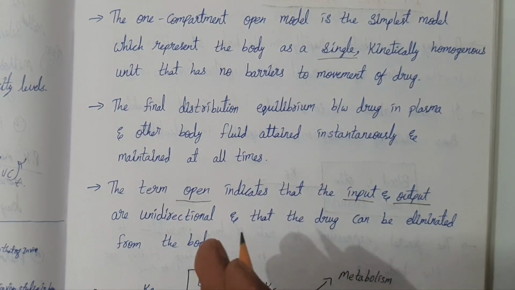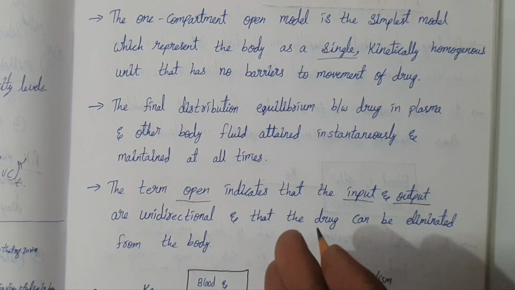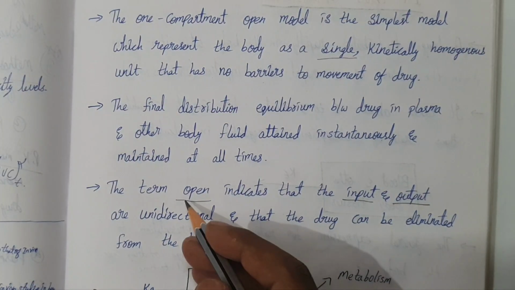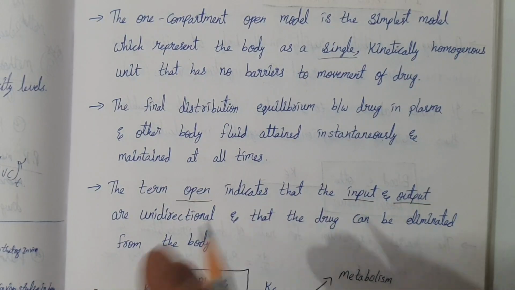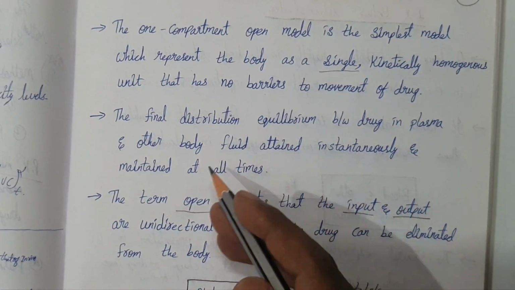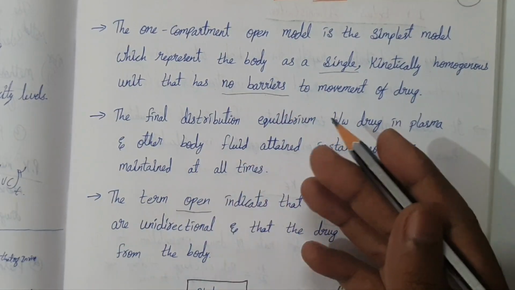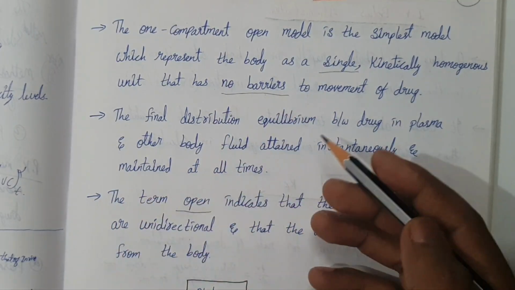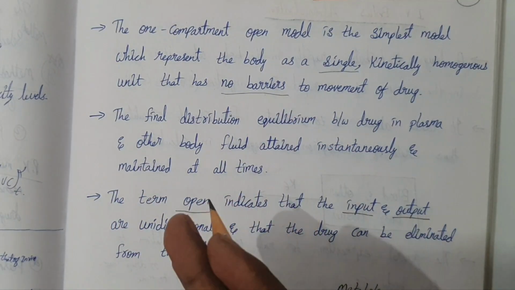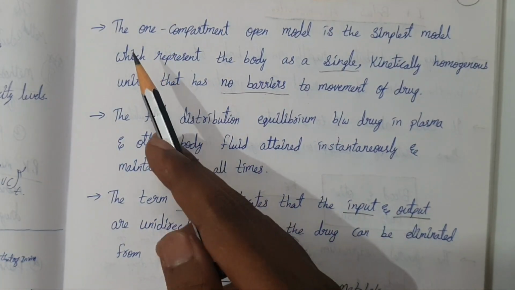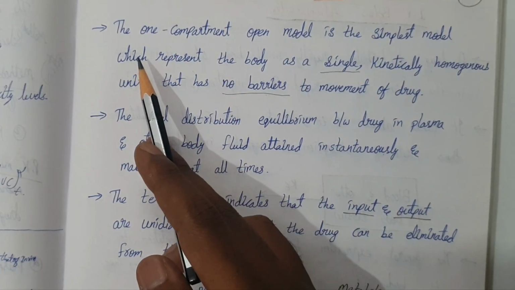The drug has the ability to enter and exit from the system, so it is known as an open model. This model assumes no barriers to drug movement, and equilibrium between plasma and tissue is maintained instantly. So we'll discuss what is written here.